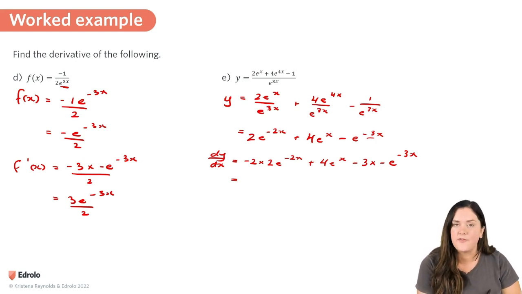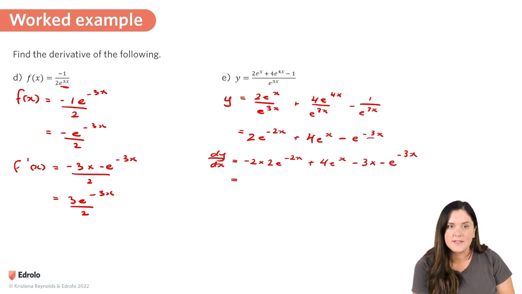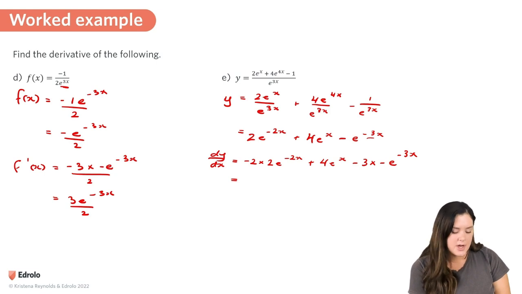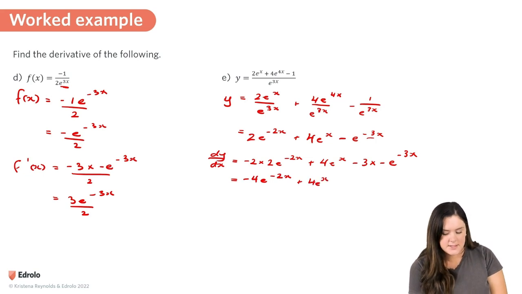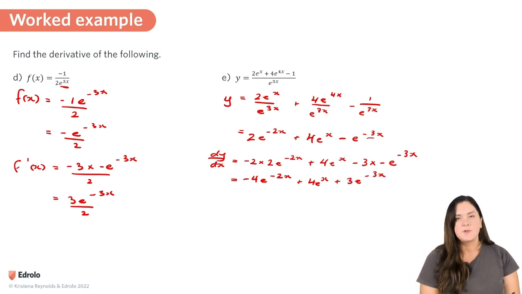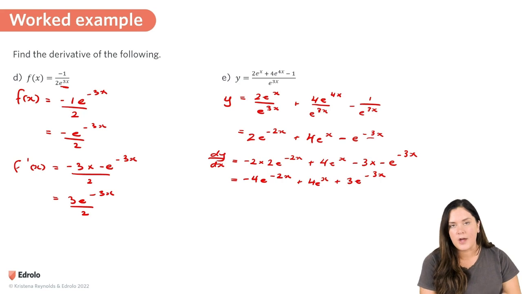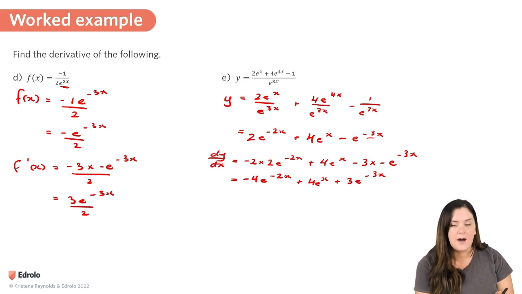And now we just need to simplify so that our answer is nice and easy to follow. So we have -2 times 2, so -4e to the -2x, plus 4e to the x. That can stay as it is. And then -3 times -e, so +3e to the -3x. So I could leave my answer like this, or I could rewrite it so that my indices are positive.